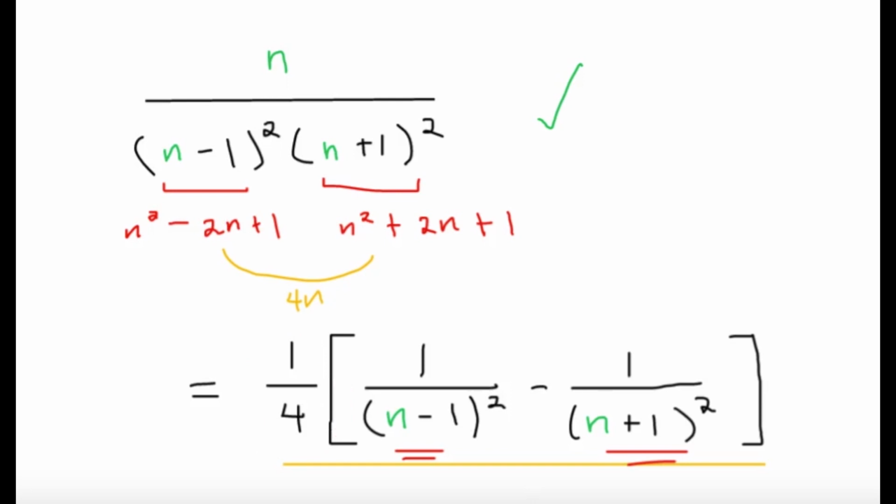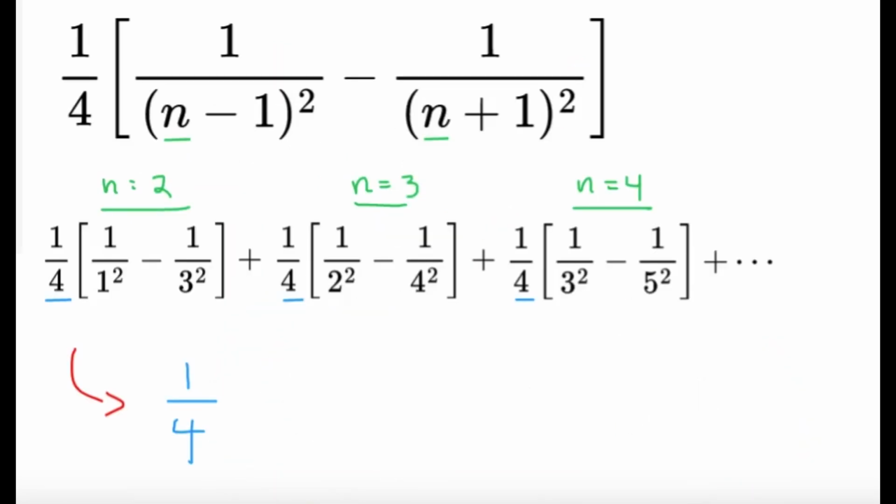Anyways, if we can decompose this expression into partial fractions, then the sum might be able to telescope. It might be easier to realize what the value of the sum is. Now that we know that each term can be rewritten in this format, you can plug the values back in: 2, 3, 4, and so on.